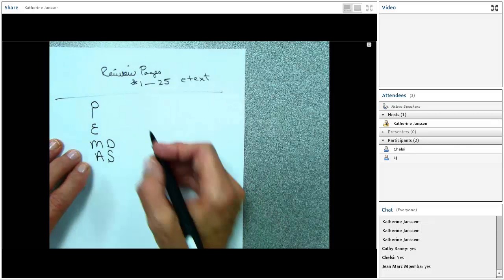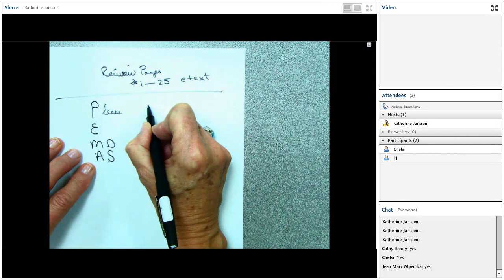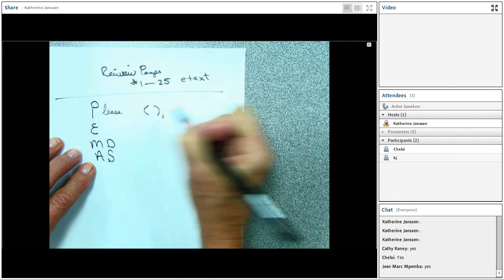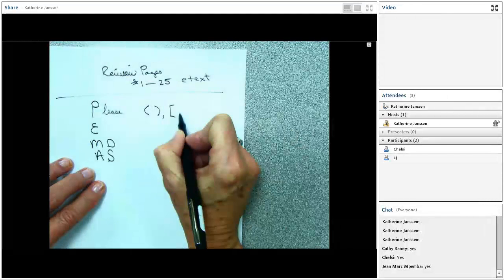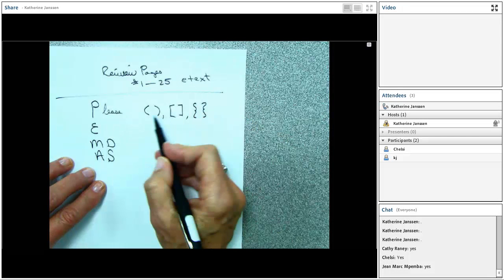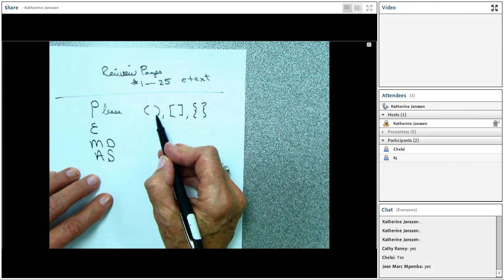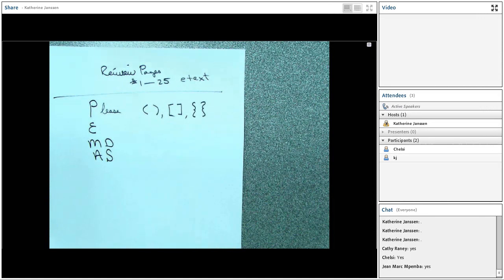Please stands for parentheses. Maybe angle brackets, maybe braces. Where there's one opening parenthesis, there's a matching closing parenthesis.